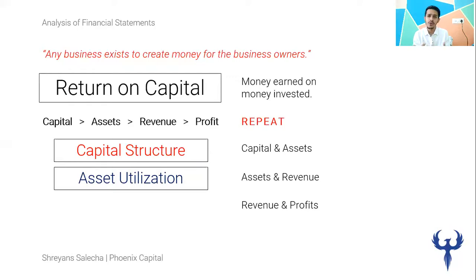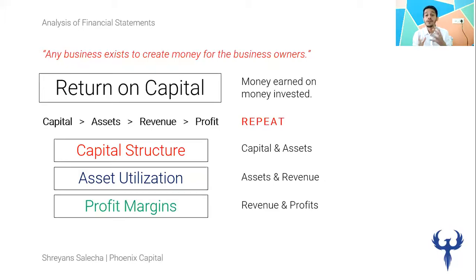Sometimes it's also called capital utilization, right? But the meaning here is how well is the company using its resources or its assets in order to make the sales. And the final relationship between revenue and profit is understood via profit margins, right? So how much of that revenue or sales gets converted into profit.